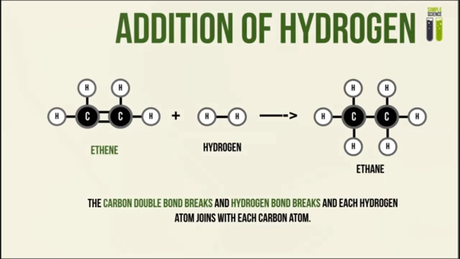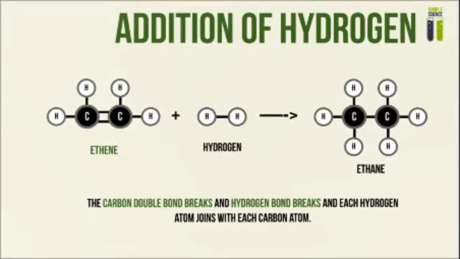The first type of reaction that it can undergo is the addition of hydrogen to the carbon double bonds, or hydrogenation. Okay, so what happens in this case is that the carbon double bond is going to break, and the hydrogen bonds are also going to break, and each hydrogen atom would join with each carbon atom as a result, and this forms one molecule, and this molecule is an alkane.